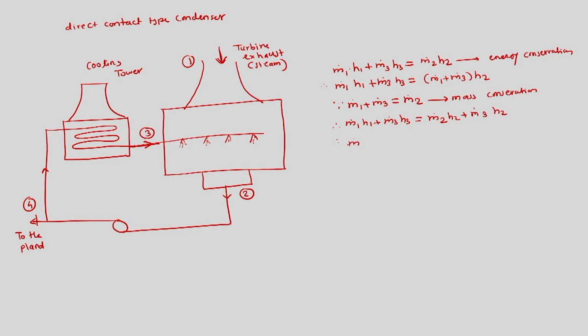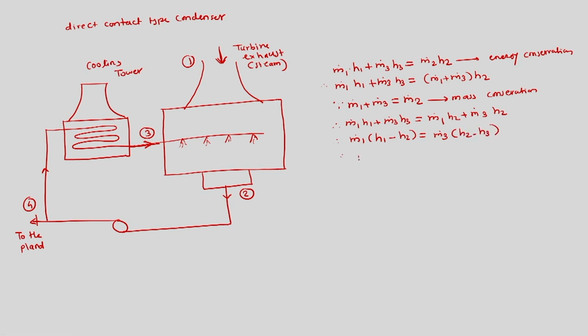So we will have m dot 1 into (H1 minus H2) equal to m dot 3 into (H2 minus H3).